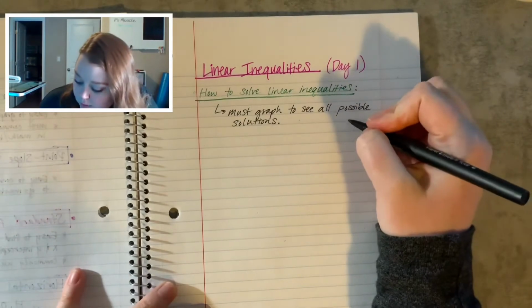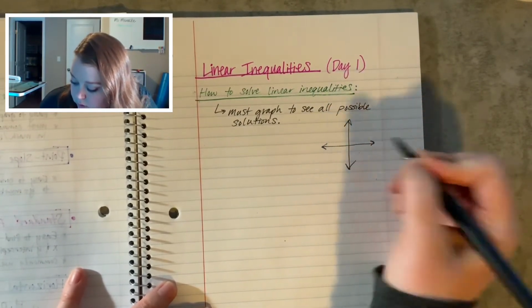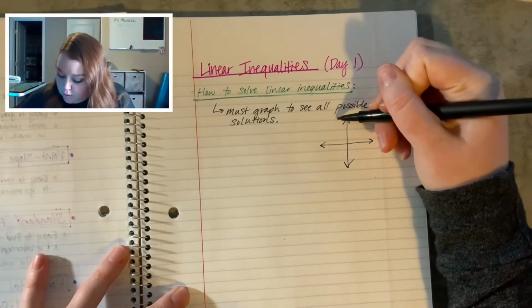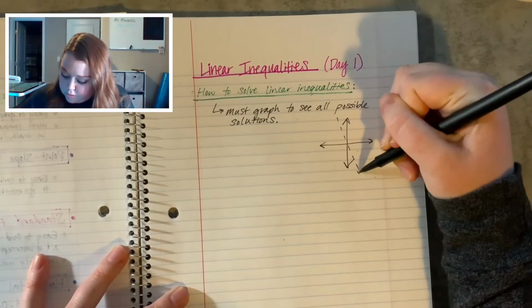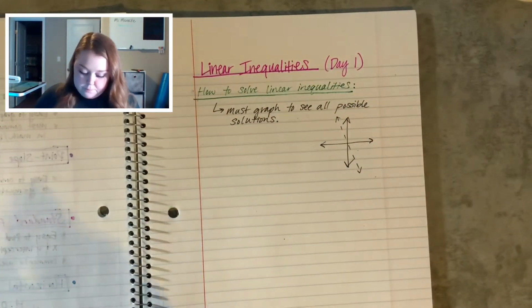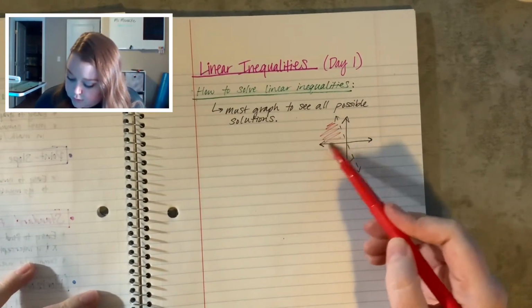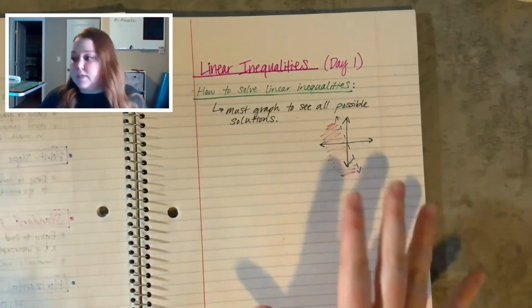And let's draw just a quick little sketch. It's not going to be detailed. You don't need to do your tick marks. But what I want you to do is set up your XY and then do like a dashed line looking something like that. Go ahead and shade on one side of the line. Okay, this is just a quick sketch.